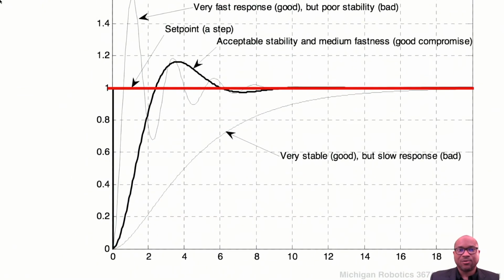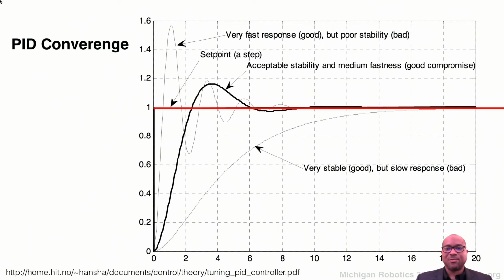If we look at this with respect to a plot, whenever somebody talks about PID convergence, you'll always see plots that look like this, where we have our desired set point, and then you'll see the evolution of the state over time.